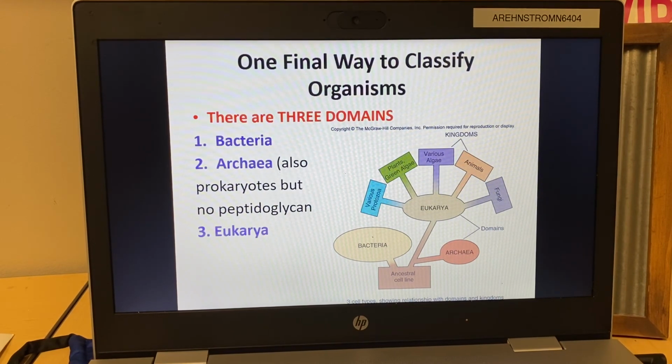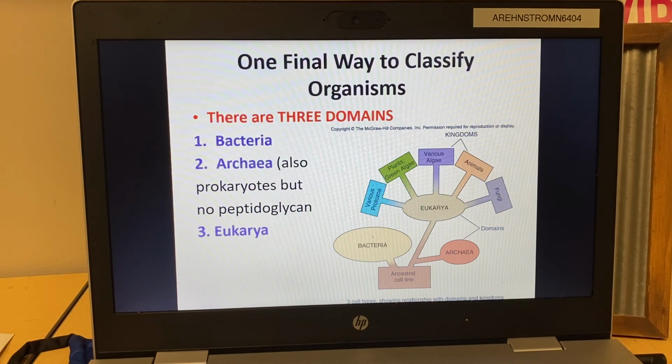So great, we're still in with the lions, the bears, the tigers, all the cool stuff, but now we're also lumped in there with slime molds and giardia and cockroaches and protozoans and plants and algae. So it's basically anything that has a nucleus and is a eukaryotic cell is in the domain eukarya.